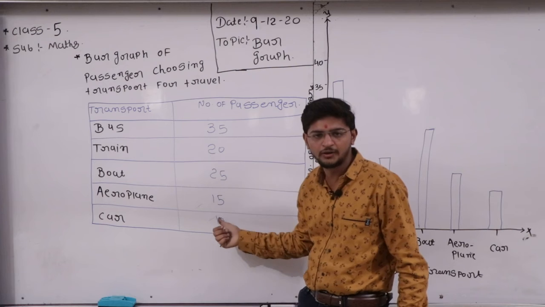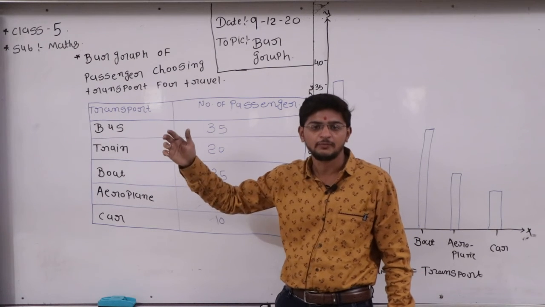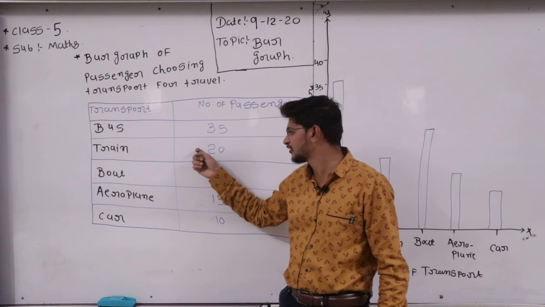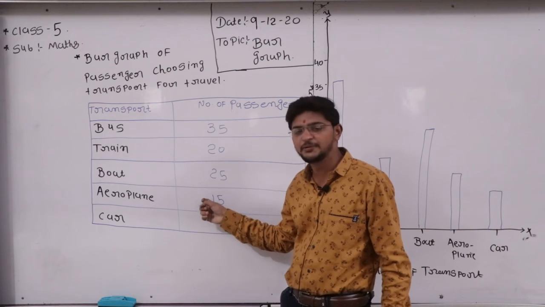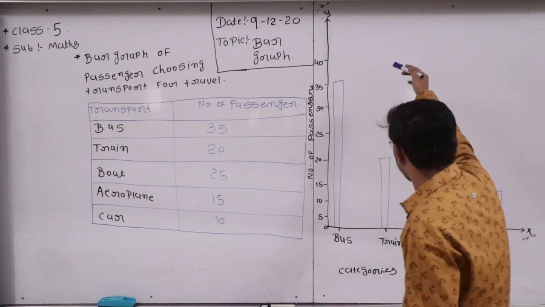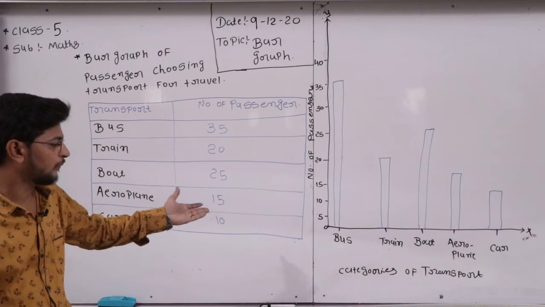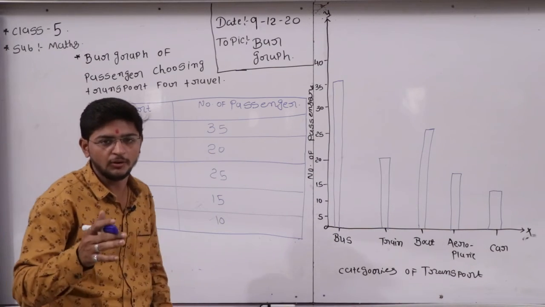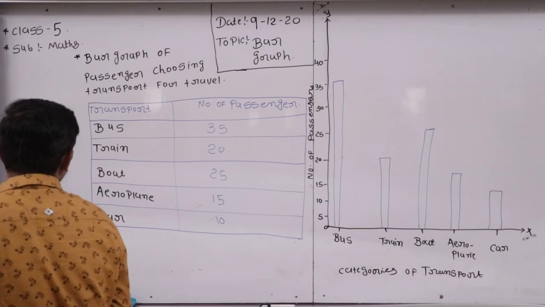Bus has 35 passengers, train 20, boat 25, aeroplane 15 and car 10. And here we draw a bar graph. On the x-axis we take the categories of transport, and on the y-axis we take numbers from 0 to 40, right? So now we take some questions.